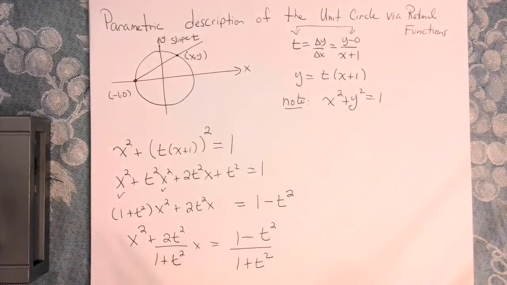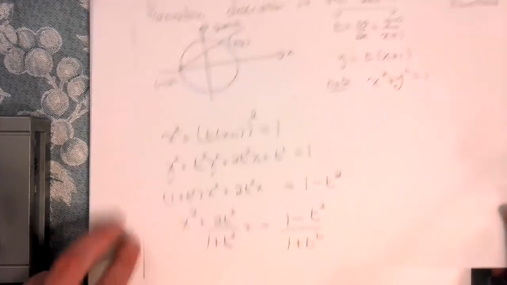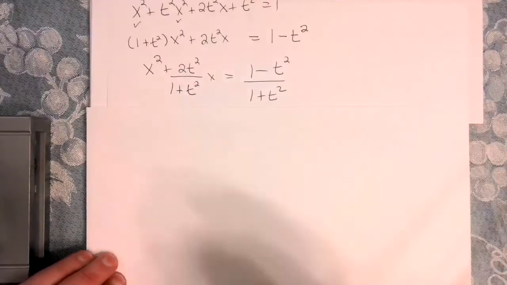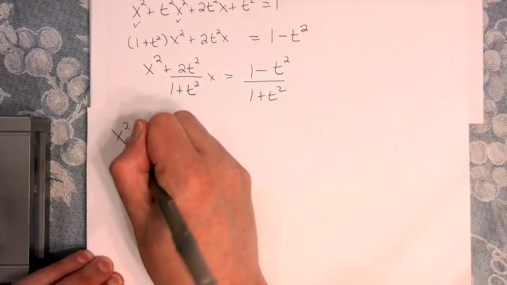Okay, so that seems good. That puts me in a position to now complete the square, one step closer to solving for x. All right, let's see how this goes.